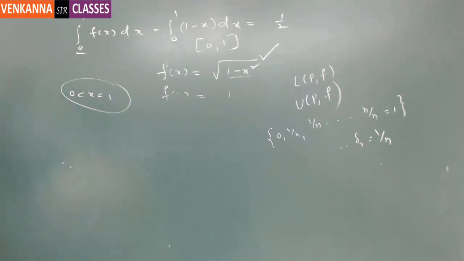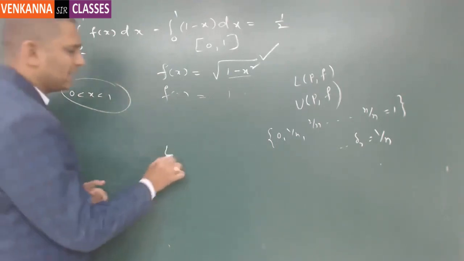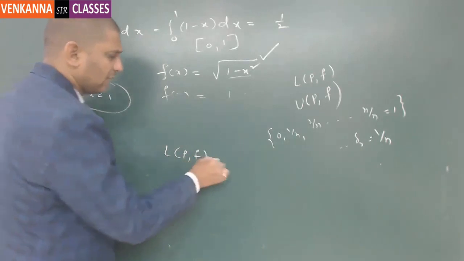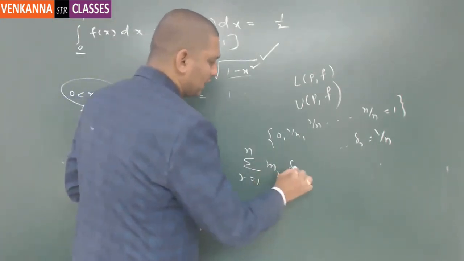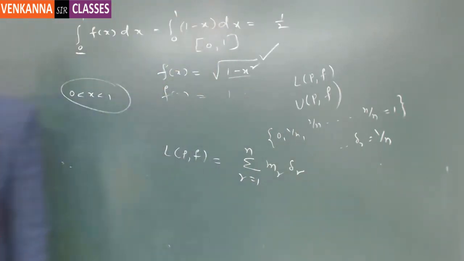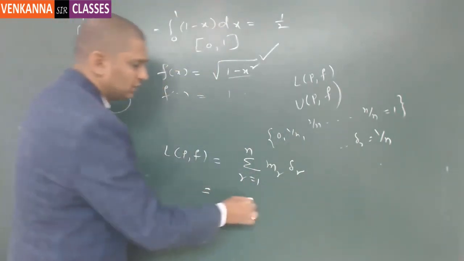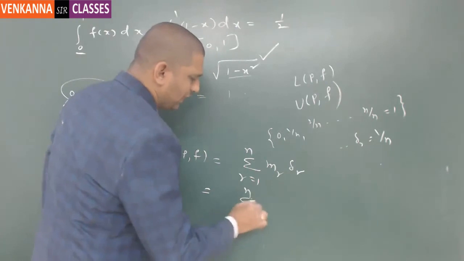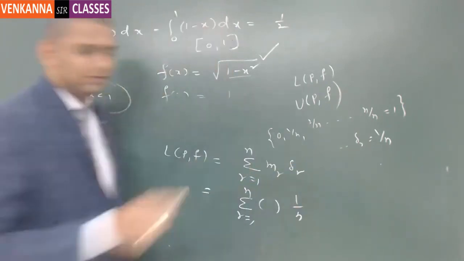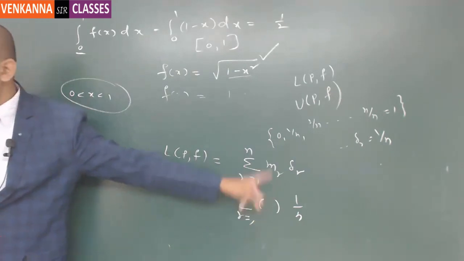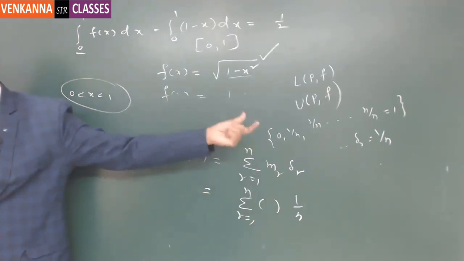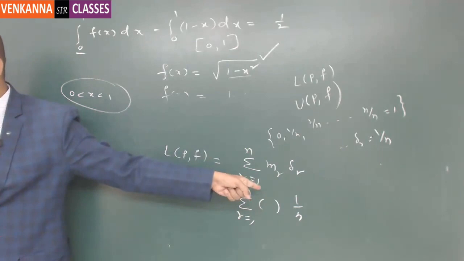Fine. Now what happens, if you want to find LPF, it is nothing but summation R is equal to 1 to n of mr delta R. So summation R is equal to 1 to n, delta R is nothing but 1 by n. Now the question is, what is uniform here? You are going to write what is the function value here, isn't it?